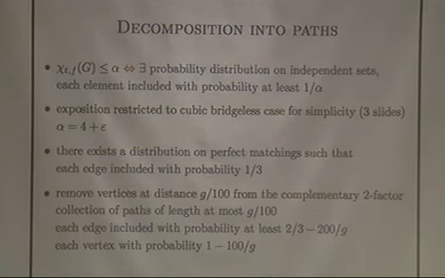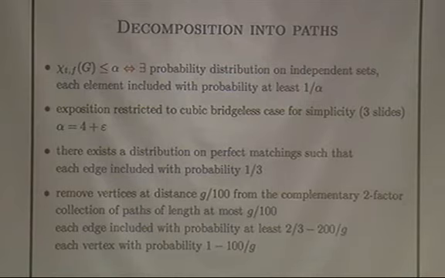So now we randomly choose a perfect matching and we look at the complementary 2-factor. The complementary 2-factor is comprised of cycles, and because of the girth assumption, these cycles have length at least g. There are no cycles of length less than g.